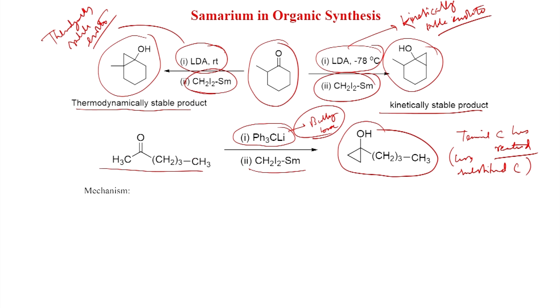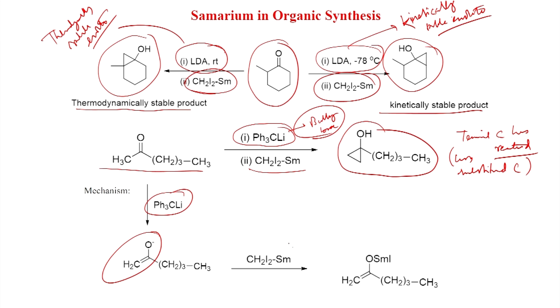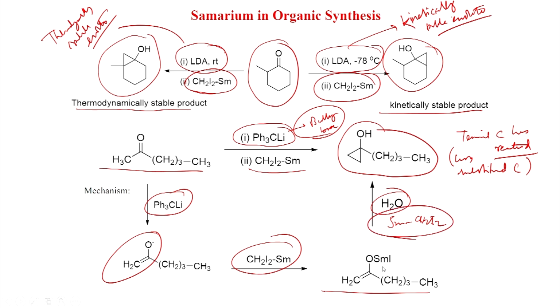So, with a strong, bulky base, you get this one enolate formation, because this is the kinetic enolate, and after CH2I2 samarium you get this, and of course the samarium is there, the cyclopropanation will happen, and after hydrolysis, so water will be added later, then you get this cyclopropanol.